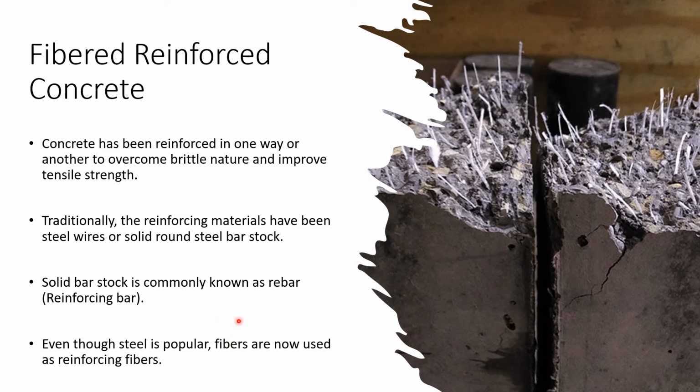Solid bar stock you can get from Home Depot or Lowe's, for non-commercial purposes or small buildings. We call them rebars, which is short for reinforcing bar. So even though steel is very popular, we're now using fibers to reinforce concrete.